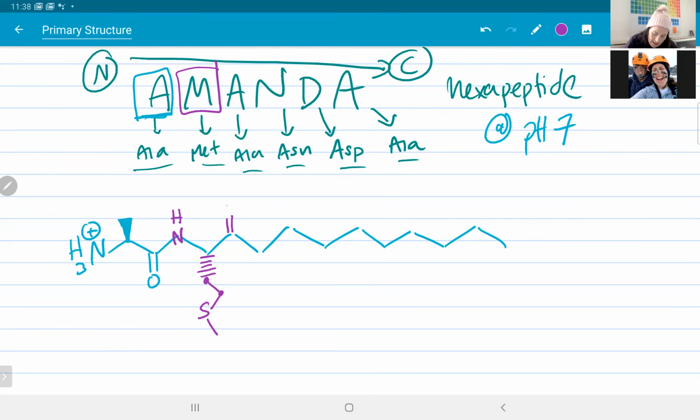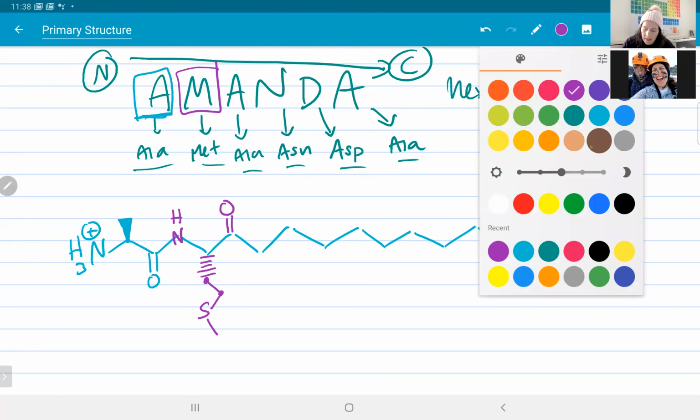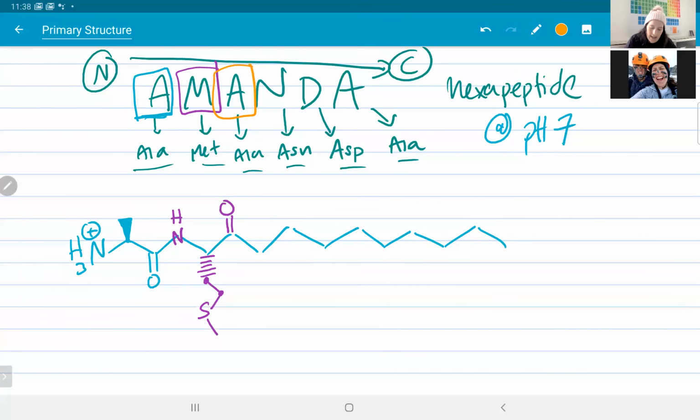And then I'll have my C terminus, my C terminal carbonyl left over from the dehydration reaction. All right, next up, ALA again. So we start with the N terminus of ALA. I've got this pointing up. So the methyl group for my alanine residue is going to be pointed out. And then I need to add my C terminal carbonyl from the C terminus of ALA.